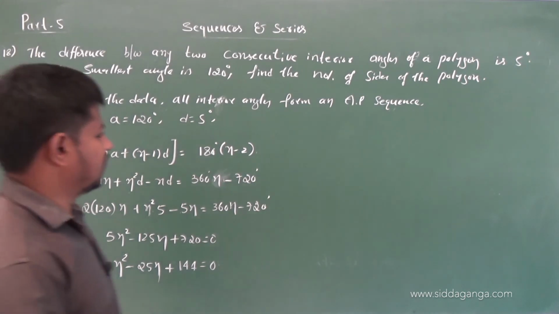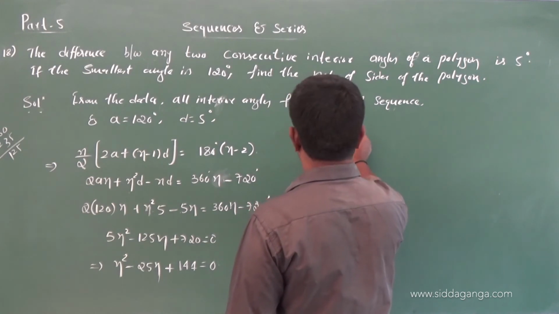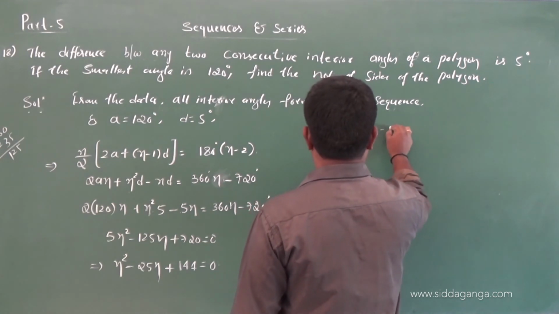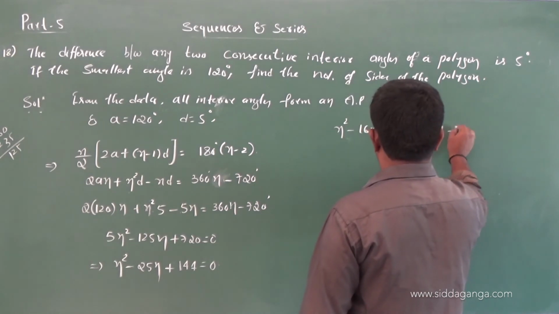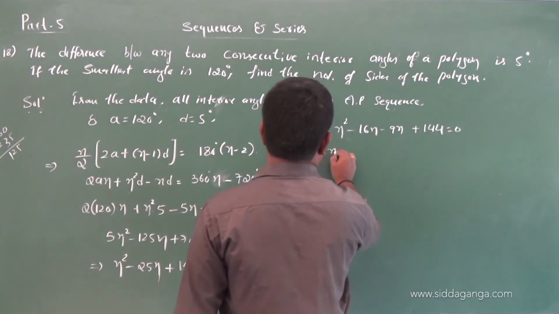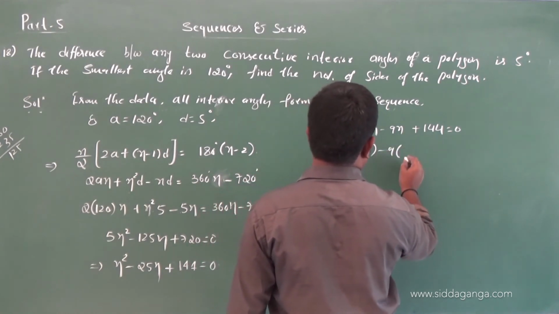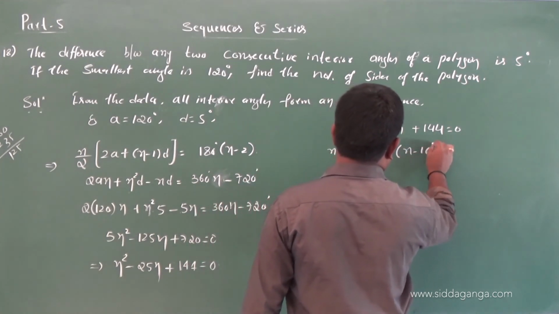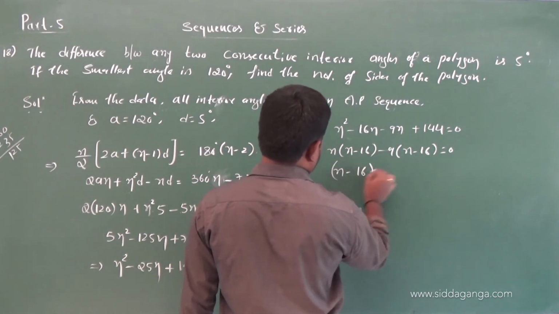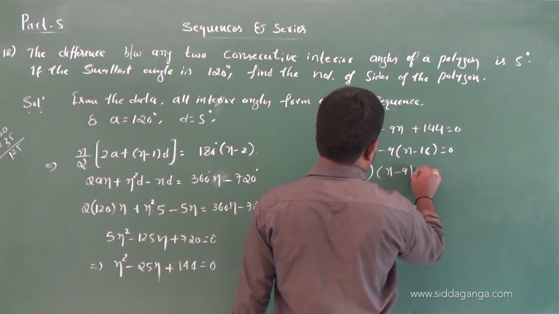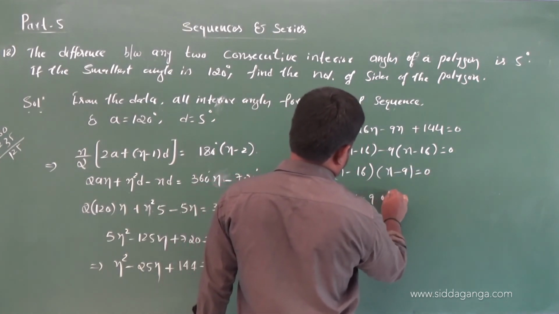Yes, 16 nines. So you can write n square minus 16n minus 9n plus 144 equal to 0. So n into n minus 16 minus 9 into n minus 16 equal to 0. This gives n minus 16 into n minus 9 equal to 0. So this gives n is equal to 9 or 16.